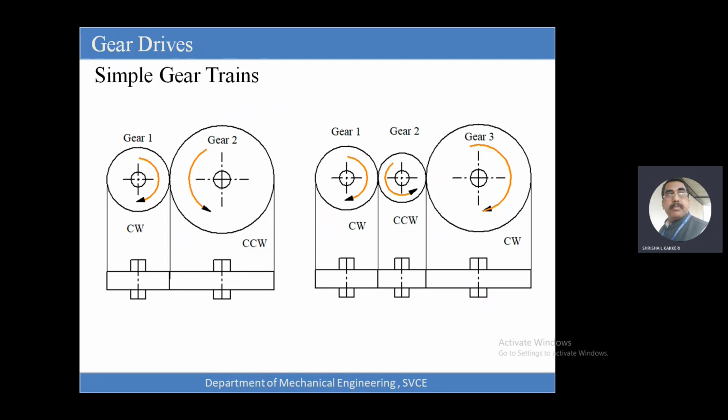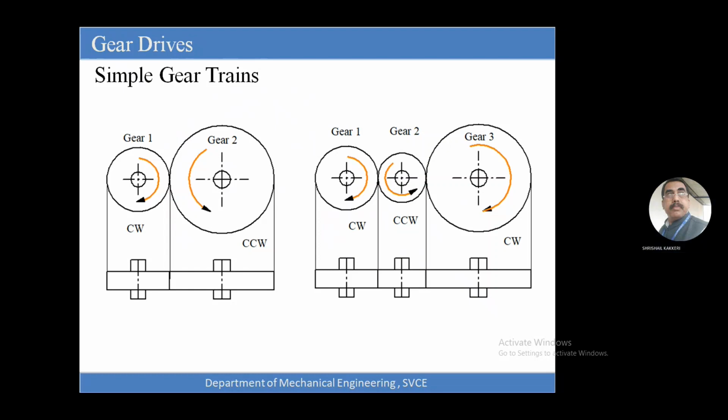And finally, the velocity ratio of the whole system will be calculated by multiplying these. Then finally, what will we get? N3 by N1 is equal to T1 by T2 into T2 by T3. That means T1 by T3 is the velocity ratio of the system, as I have shown here.